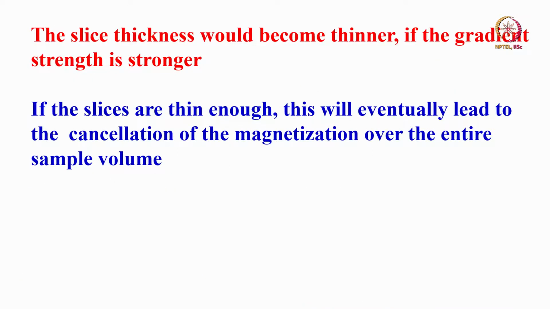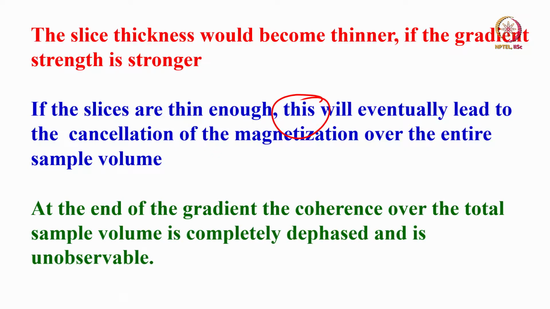As the slice thickness becomes thinner and thinner, the gradient becomes stronger and stronger. When the slice thickness becomes very thin, eventually there is a complete cancellation of the magnetization over the entire sample volume. At the end of this gradient, the coherence over the entire sample volume is completely dephased.